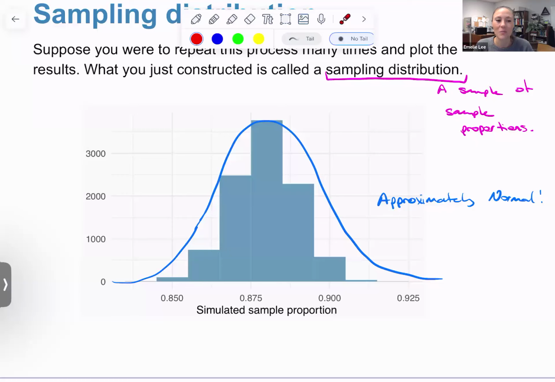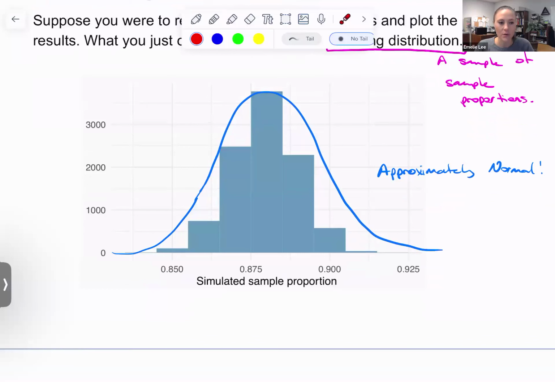I guess I should use 0.89, something other than the population proportion. So I tell you, okay, I found a sample proportion of 0.89. Is that weird? You would say, well, where does 0.89 fall on here? Well, probably somewhere around here. Is that weird? Not really. It's where we expect things to be, right? Because it's kind of towards the center.